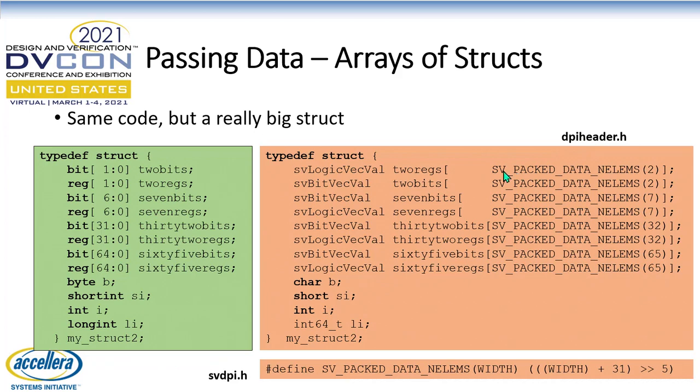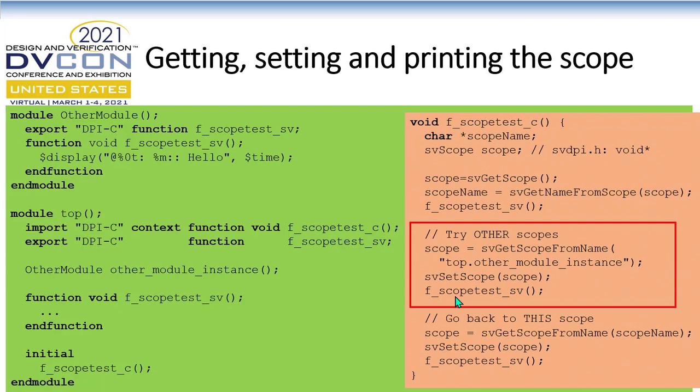So these things are defined in the SystemVerilog DPI as SV packed data n-elms. And it's telling you how to do the math on that so that it makes a big enough array over on the C side. And then it's these types that we just talked about, SV logic vec val or SV bit vec val. Yeah, DPI header.h is pretty interesting.